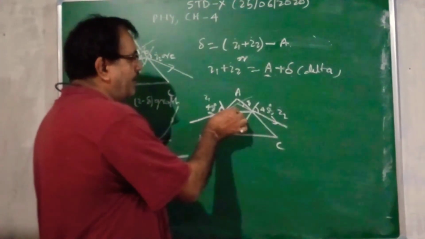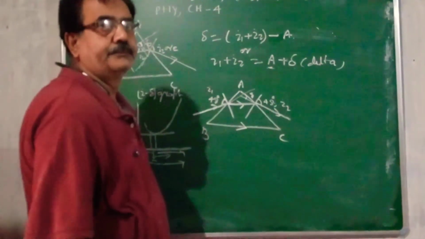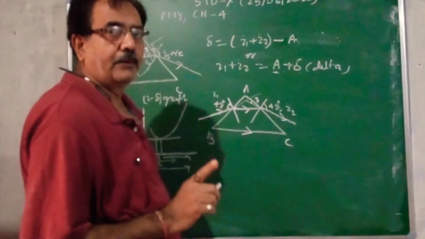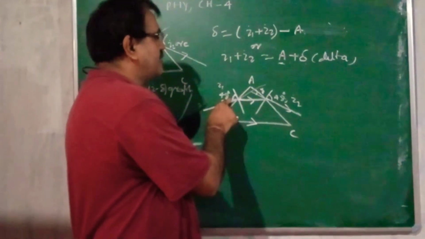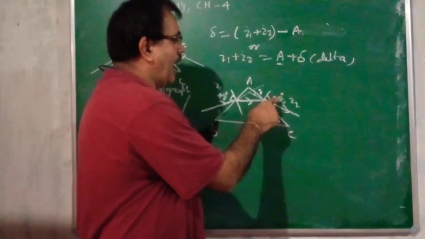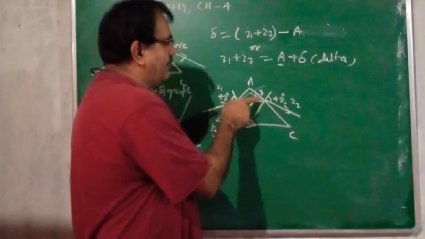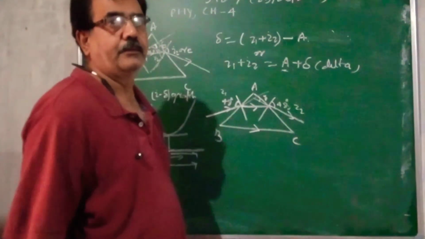And the refracted ray is exactly parallel to the base of the prism. So once again, in the minimum deviation case, the angle of incidence is 48 degrees, the angle of emergence is also 48 degrees, and in this case the refracted ray becomes exactly parallel to the base of the prism.